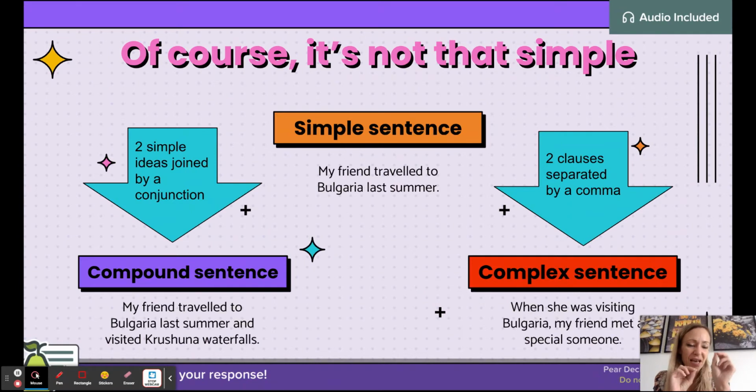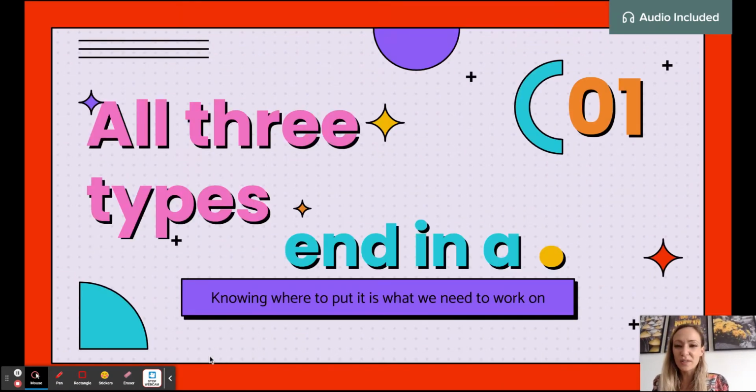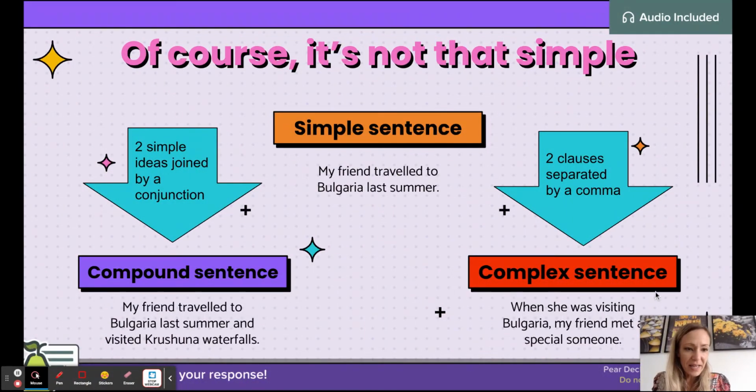And in that conjunction, sometimes the subject for the first part can be the implied subject for the second part too. So as long as in a compound sentence we have at least one subject, it's still okay. Here's an example of a compound sentence building off that first example. My friend traveled to Bulgaria last summer and visited Krishna waterfalls.